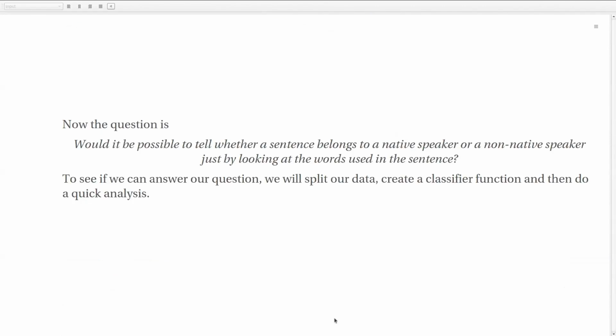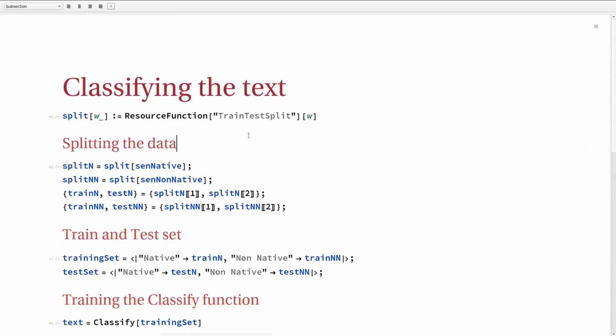Now, the question is, will it be possible to tell whether a sentence belongs to a native speaker or a non-native speaker just by looking at the words used in the sentence? We split our data and created a classifier. First, we split the data into training and test set.